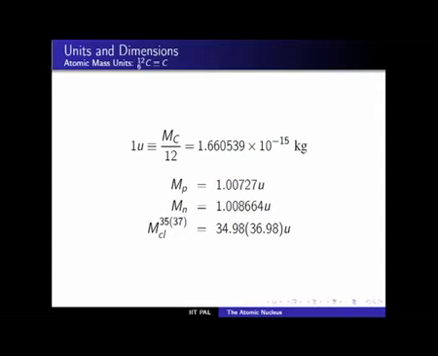Once we have zeroed on to this unit, 1 unit is equal to 1.660539 into 10 to the power of minus 15 kg. Now what do we find? My mass of the proton will be given by this number.